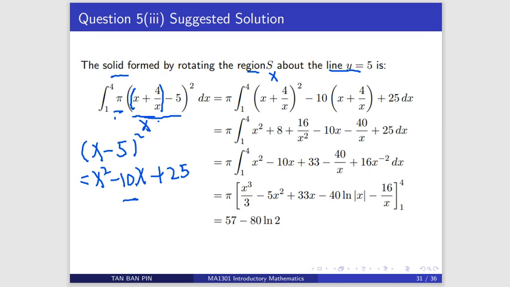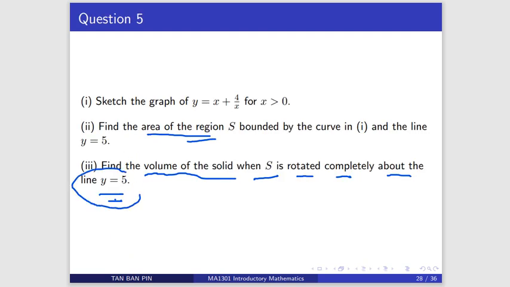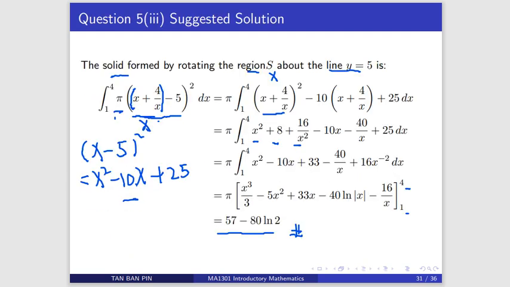Group x and 4 over x together and expand again: (x plus 4 over x) squared gives you x squared plus 8 plus 16 over x squared. After that, you do the integration, substitute x as 4 and 1, and you get 57 minus 80 log 2 as the answer. Remember, you have to use this formula because you are rotating about the line y equal to 5. And this is the final answer.